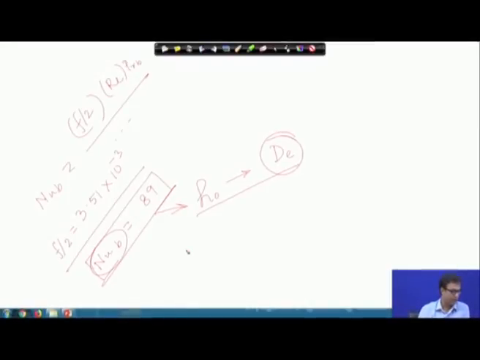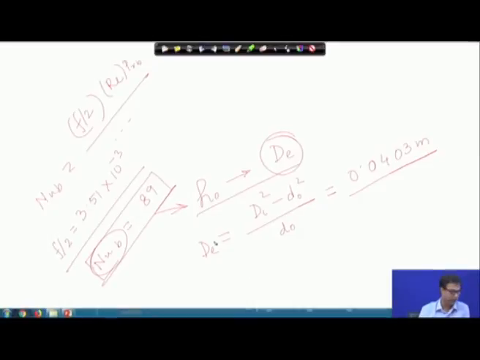The equivalent diameter we would be able to calculate as d_i square minus d_0 square divided by d_0, and this will come out to be 0.403 meter if you put all the values.